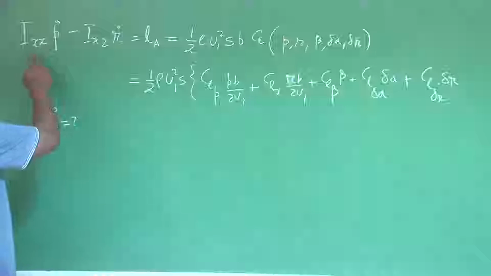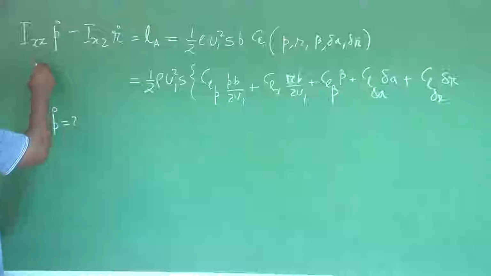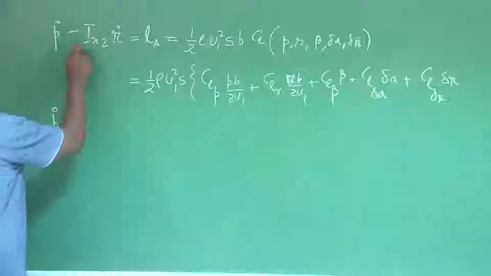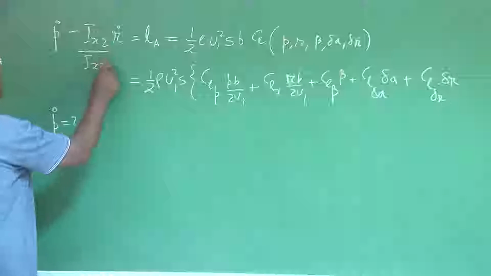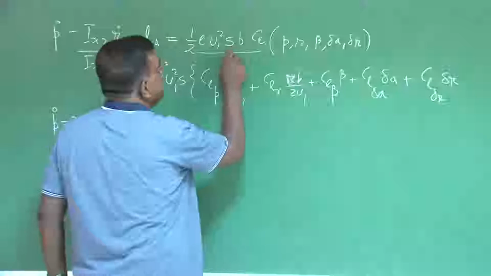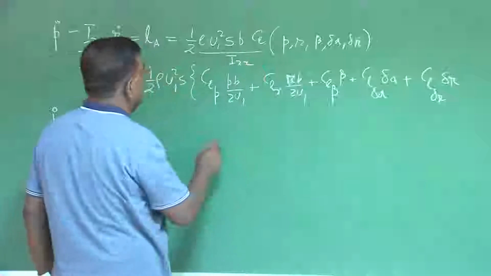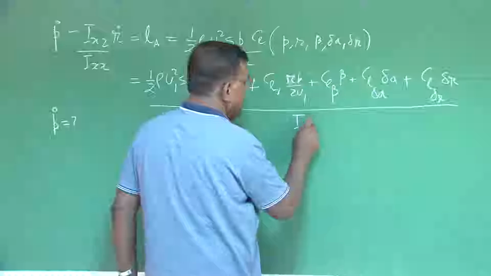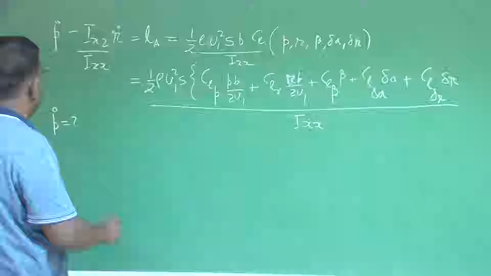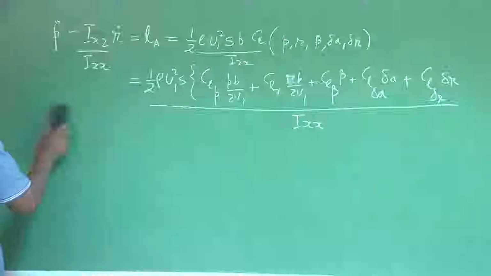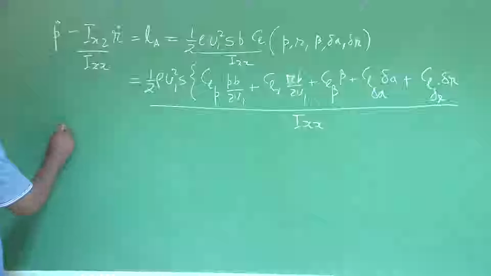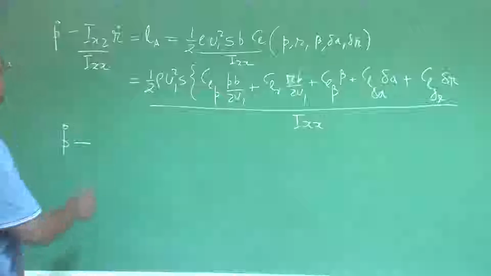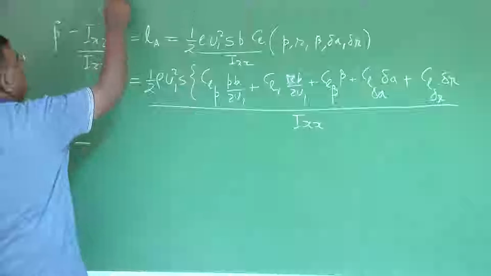So, I have to multiply the left hand side and right hand side by Ixx. So, I remove this Ixx from here, and then there will be Ixx here, and then there will be Ixx here, which in turn means there will be Ixx over the right hand side, and now I can write P dot minus Ixz by Ixx, this we are denoting as A1.